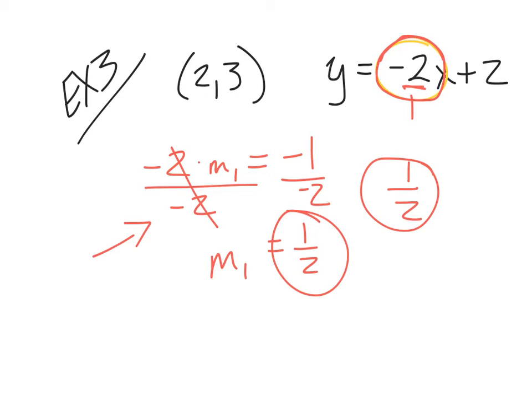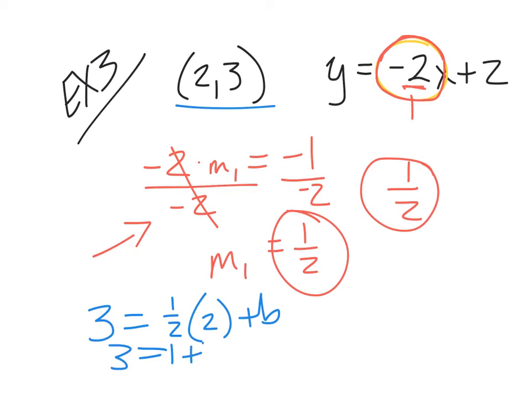So now we have the slope of the second line. We just need to find the y-intercept. So I use my point that they gave me. 3 equals 1/2 times 2 plus b. 1/2 times 2 is 1. Subtract the 1. So b equals 2.